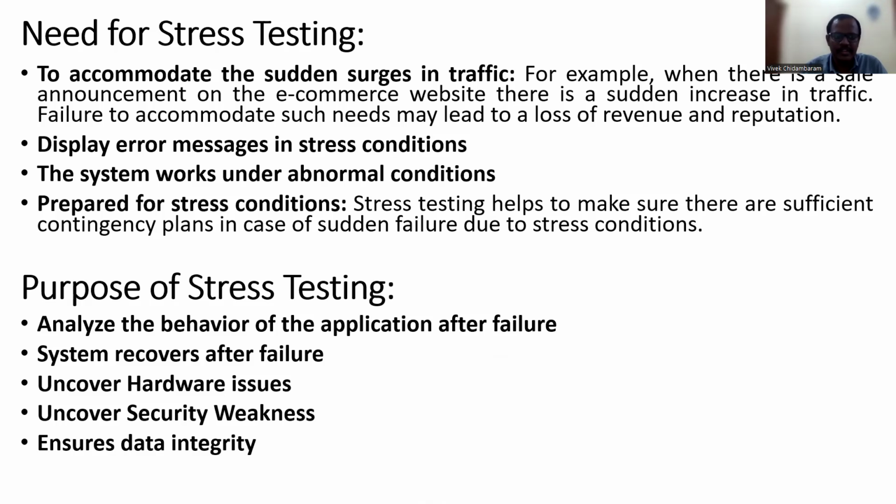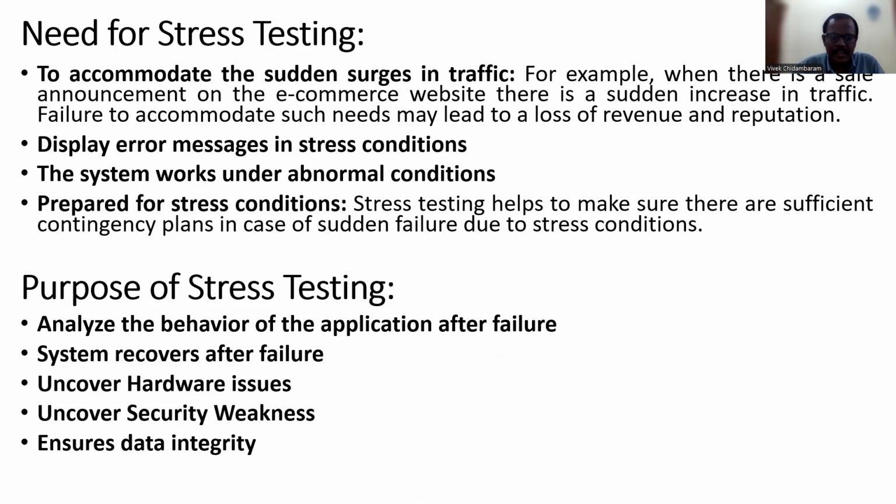And the need for stress testing: why are we going for stress testing? The system should be able to accommodate heavy traffic. As I said earlier, when an offer occurs on Amazon, every user will be working on the particular website, so they will be putting a large load on the particular server. It should be able to handle that. And whenever it is over-stressed, it should display an error message in the stress condition. The system should not crash.